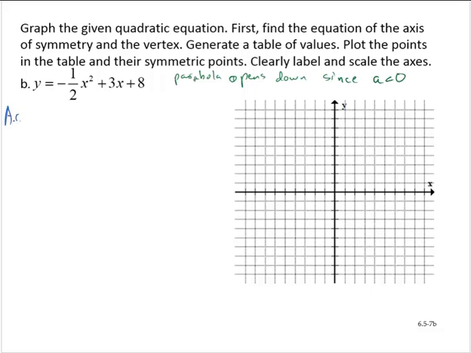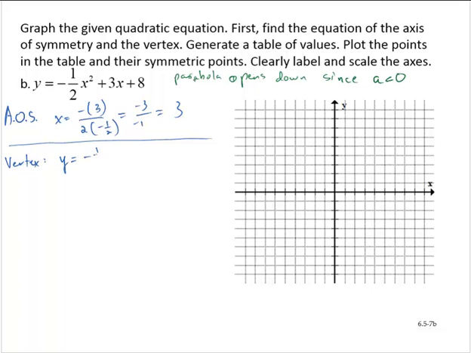So axis of symmetry would be given by x equals negative b over 2a, substituting for b and a. And so that's negative 3 over negative 1, which is positive 3. So we have the axis of symmetry at x equals 3. Computing the vertex, y would equal negative 1/2 of 3 squared plus 3 times 3 plus 8.